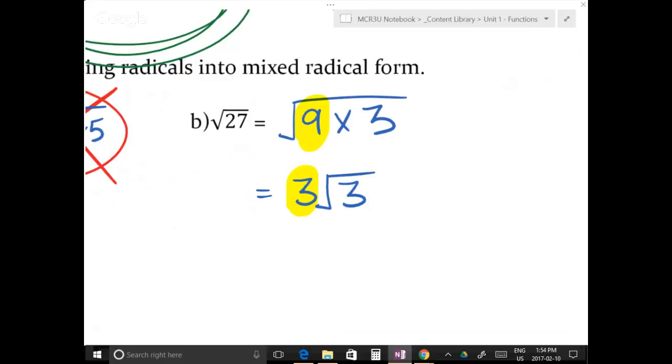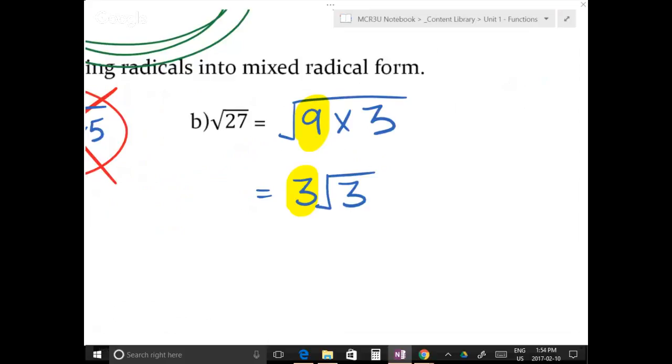Yeah, here we go. Very good. Okay. So that's the factor?